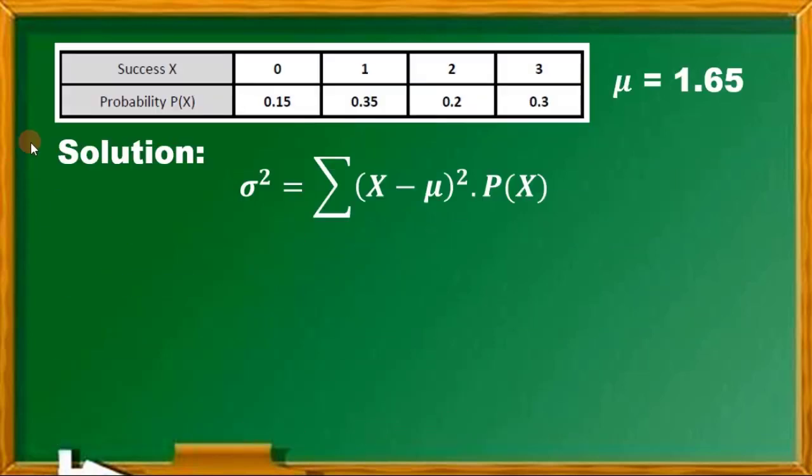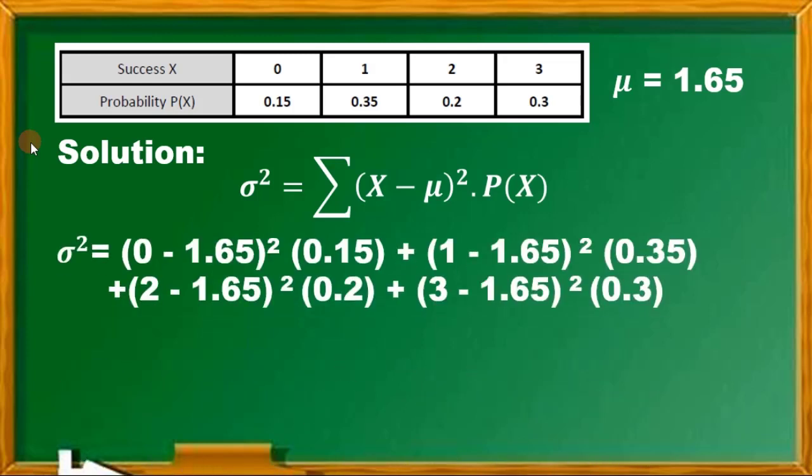Then we have to find sigma squared. Sigma squared is the summation of x minus mu, so we already have the mu 1.65, times the probability of x. In this case, 0 minus 1.65, then we square that times the probability 0.15.